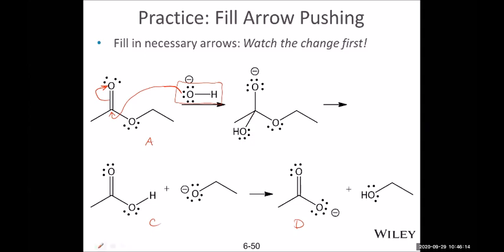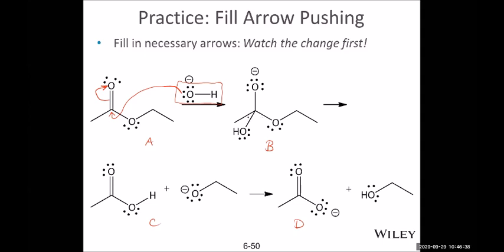Okay, so what happened to the second step? From here becomes this. From B becomes C. From B becomes C, there's a major change. You have to really be very careful. What bond changes from B to C?